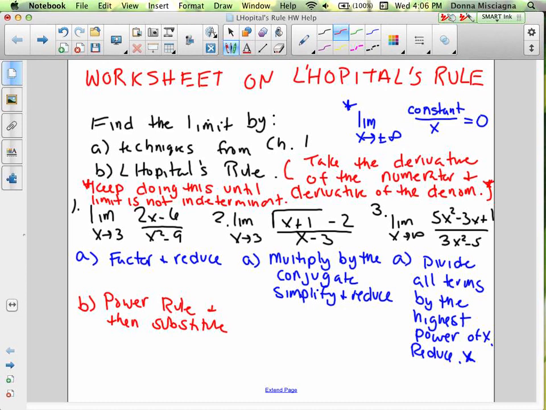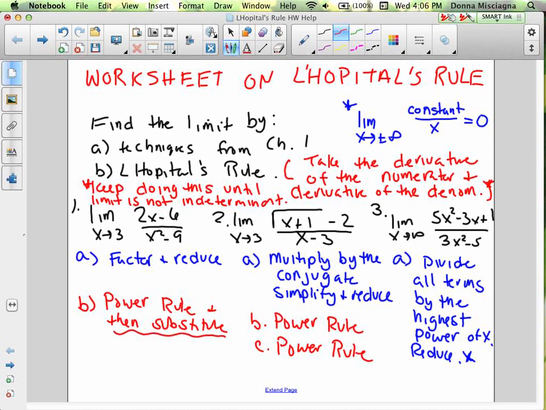B here for number 2 is also a power rule, and actually, so is C. All of them are power rule. Some of them you may have to do more than once, but all 3 of them are power rule, and on all of them, you'll then substitute.